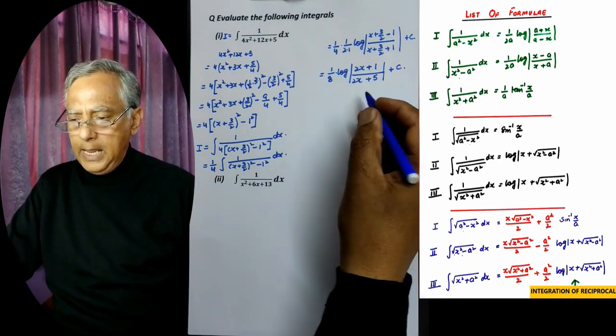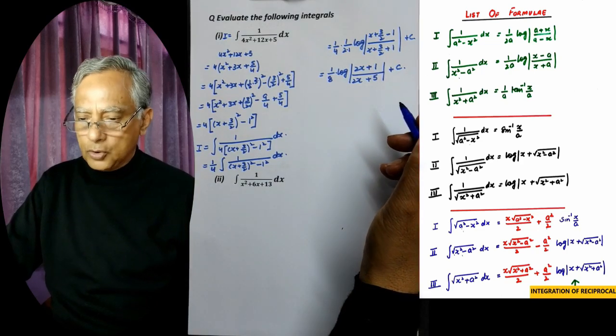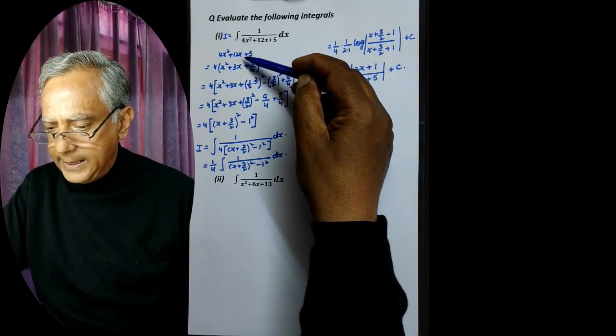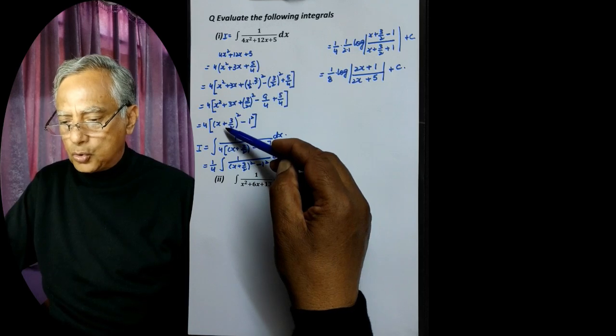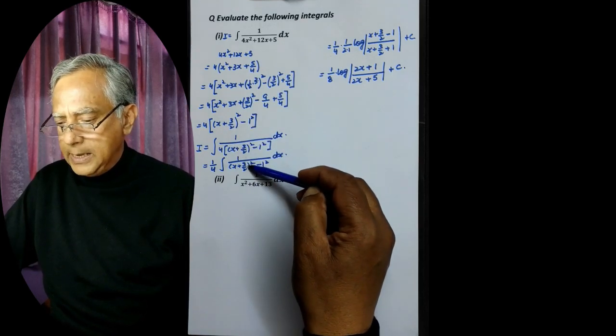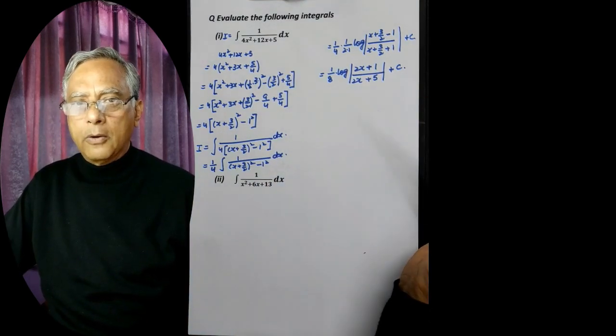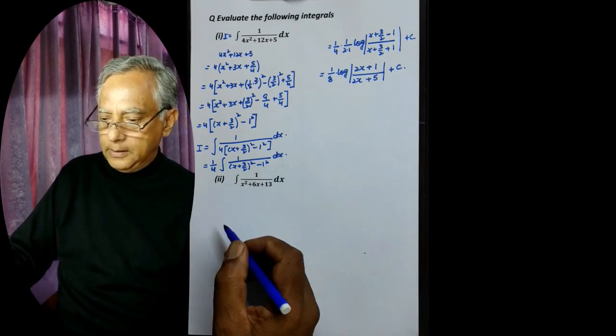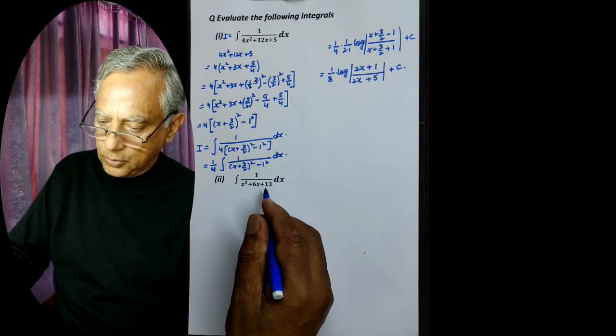So this will be the answer. So we have expressed this quadratic as difference of two squares and have used appropriate formula. Now we move on to the next question.